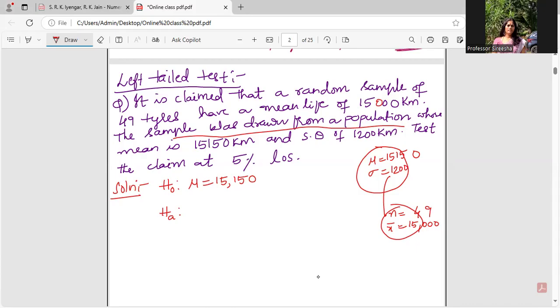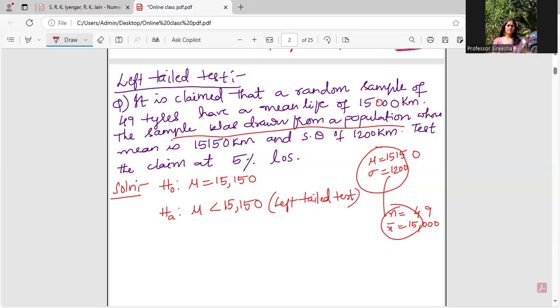So the sample mean is suggesting that mu can be less than 15,150, because the sample mean is just 15,000, and 15,000 is less than 15,150. So I'm setting it like this. Now this decides my test. It is a left tailed test, guys.